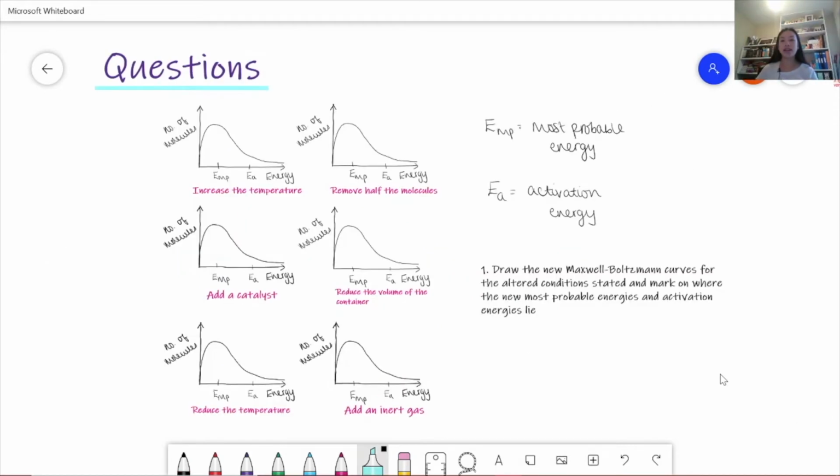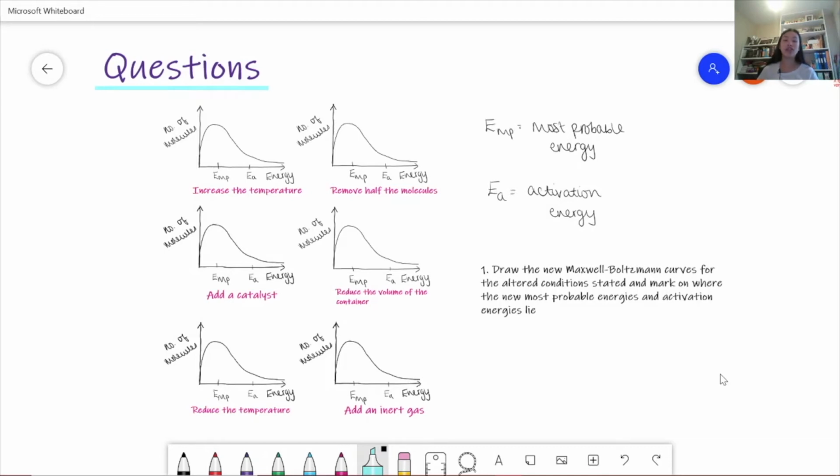So now we're going to look at a question, and it tells us to draw the new Maxwell-Boltzmann curves for the altered conditions stated and mark on where the new most probable energies and activation energies lie. So if we start with the first graph, it tells us to increase the temperature. And so we know that if we increase the temperature, then the particles, the molecules, are supplied with more energy.